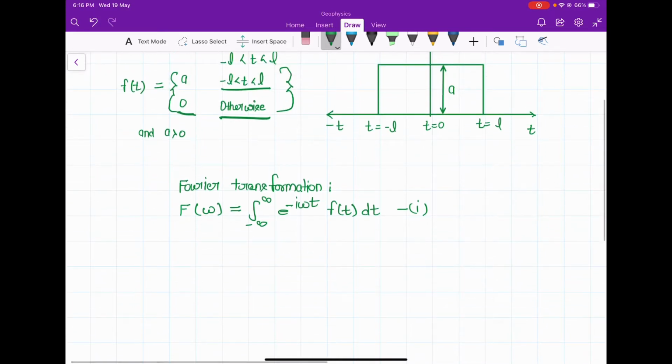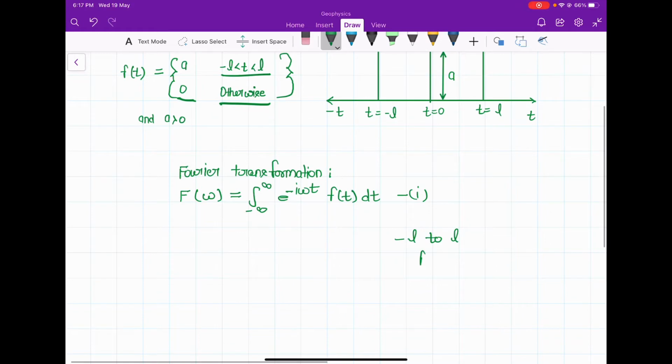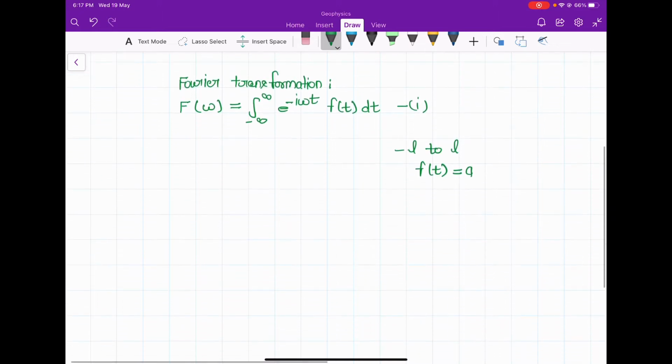Now the value of t lies in between minus L to L, and the value of the function f(t) is equal to A. So F(omega) will be the integration from minus infinity to minus L of e to the power minus i omega t f(t) dt.